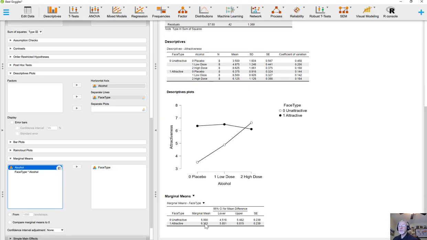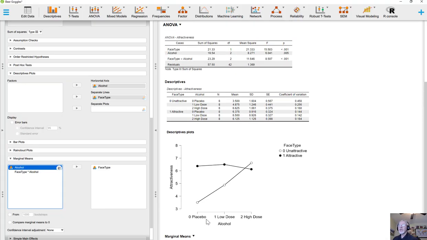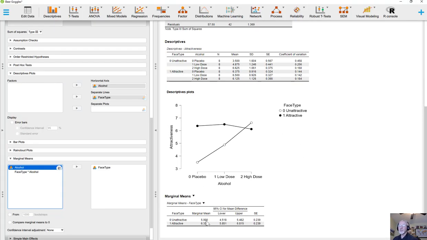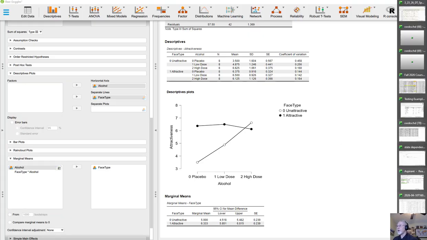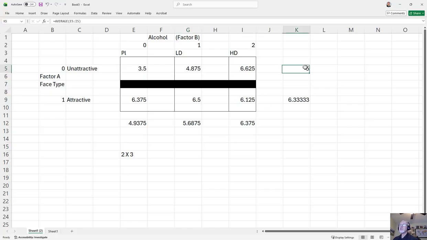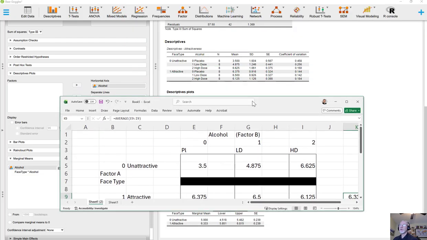And here's the marginal means for face type. Basically, this significant effect says that we can interpret these differences. Now, that difference of 5 and 6.33, you'll remember from my Excel sheet, here's the 5 and 6.33.